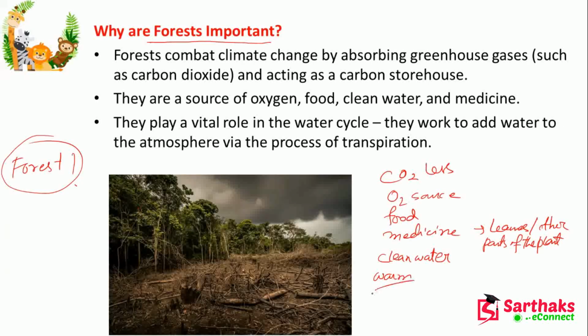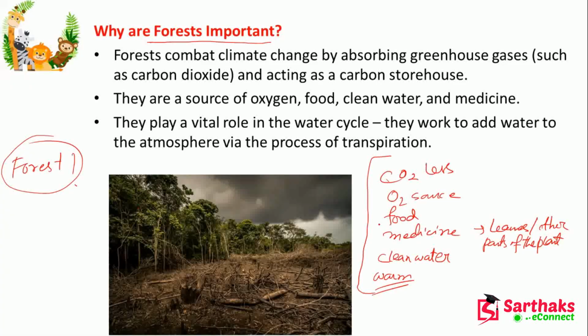So these are the main important things that the forest facilitates for us, but this forest, we are destroying through deforestation for our civilization. So why forest is important, I think it is very clear to you.